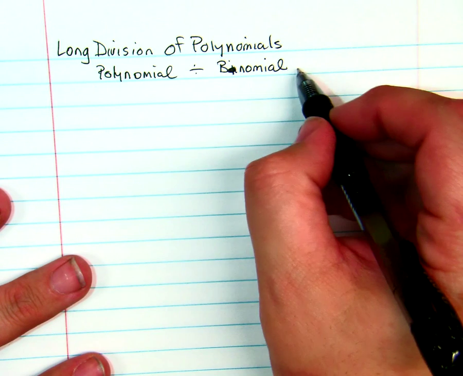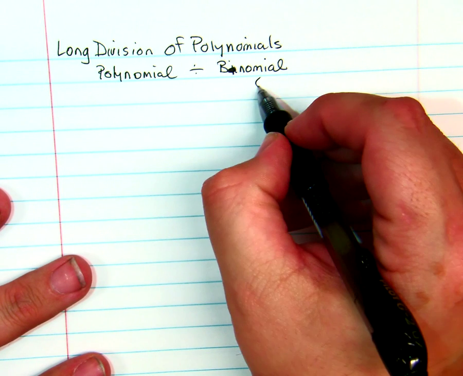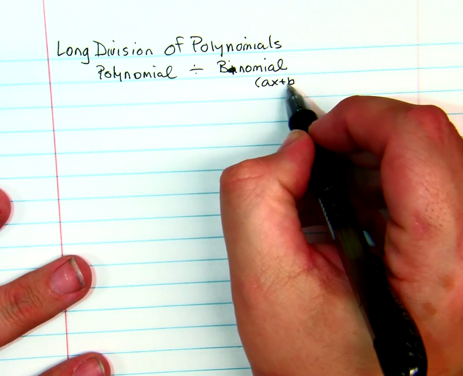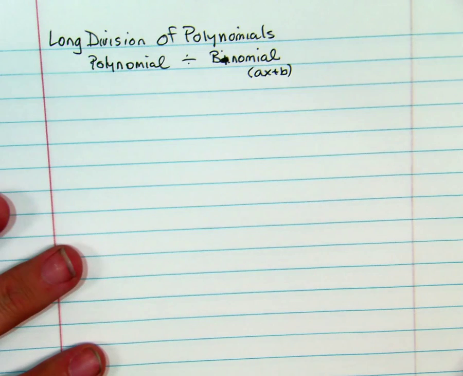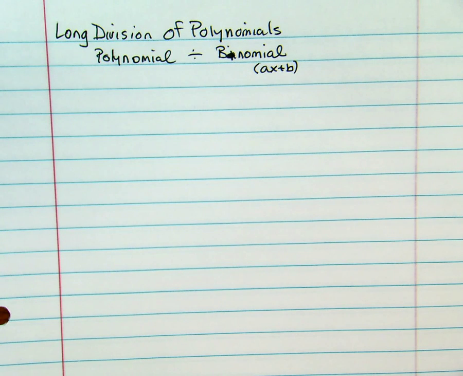So this binomial is going to be in the form of ax plus b, and this could be in the form of anything. And I want to give you some basics first before we get into the actual process of what we do.